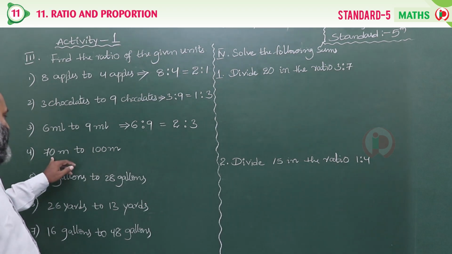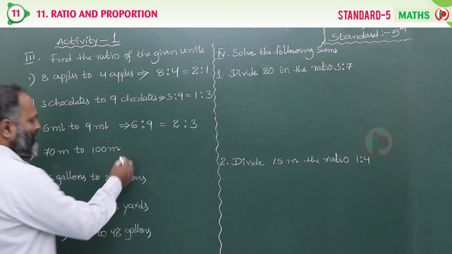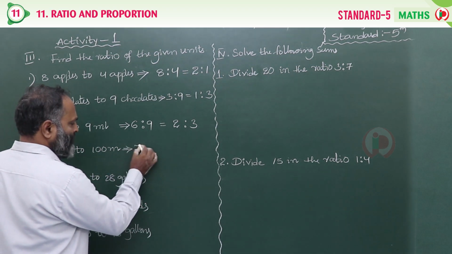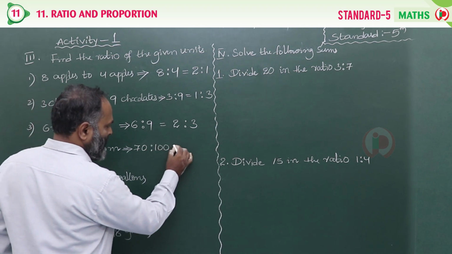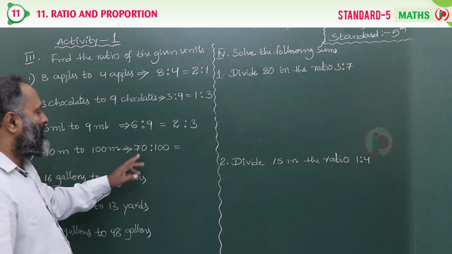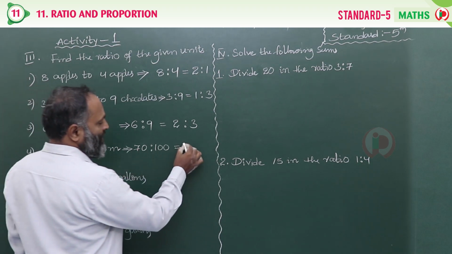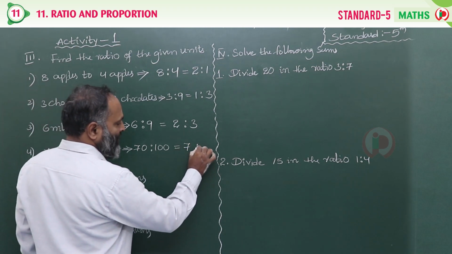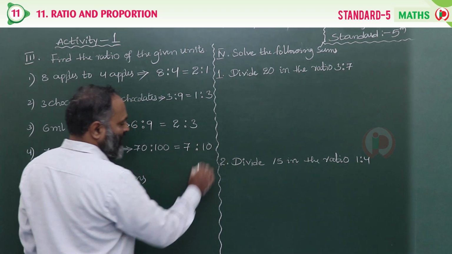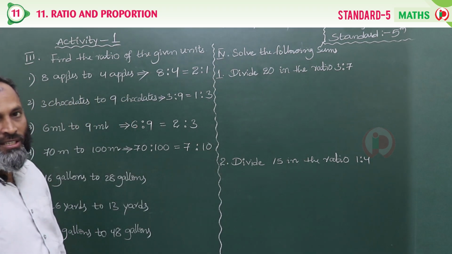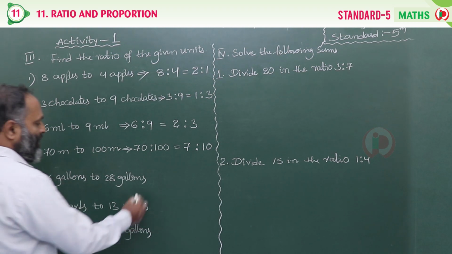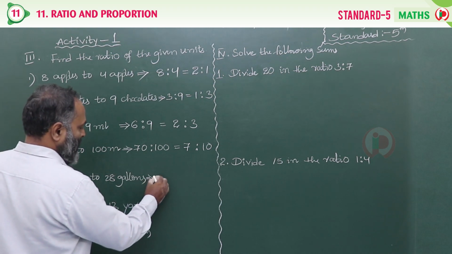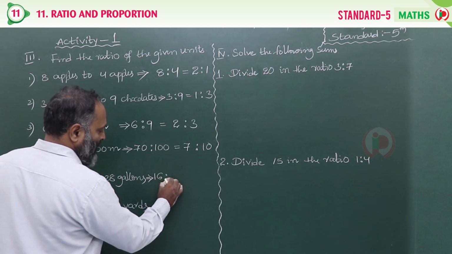Now 70 meters to 100 meters, that is 70 is to 100. 10 7s are 70, 10 10s are 100, so 7 is to 10. Now 16 gallons to 28 gallons, that is 16 is to 28.